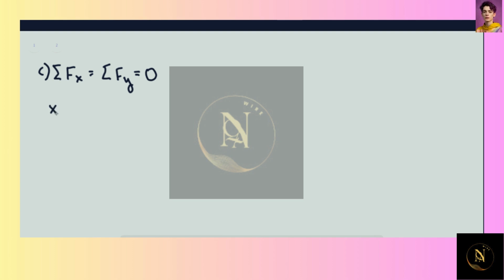So for x, this gives us the horizontal component of the force from the hinge minus the horizontal component of the tension in the wire has to be equal to 0.